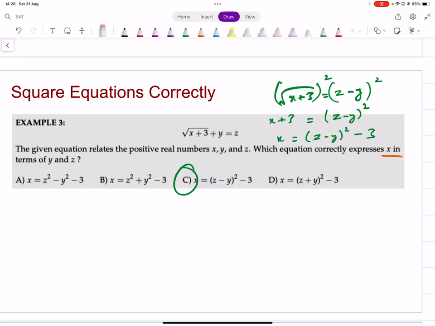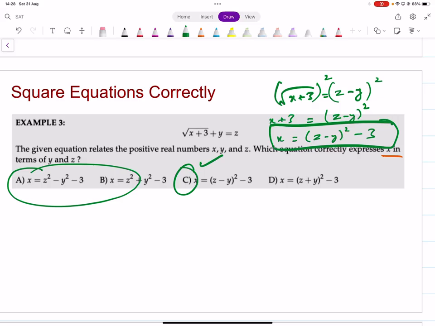Now it's pretty clear that D is not correct, right? But in your actual exam, when you figure this out and you figured out that this is the correct answer, can you also figure out that these two are incorrect? Are you sure A and B are incorrect?